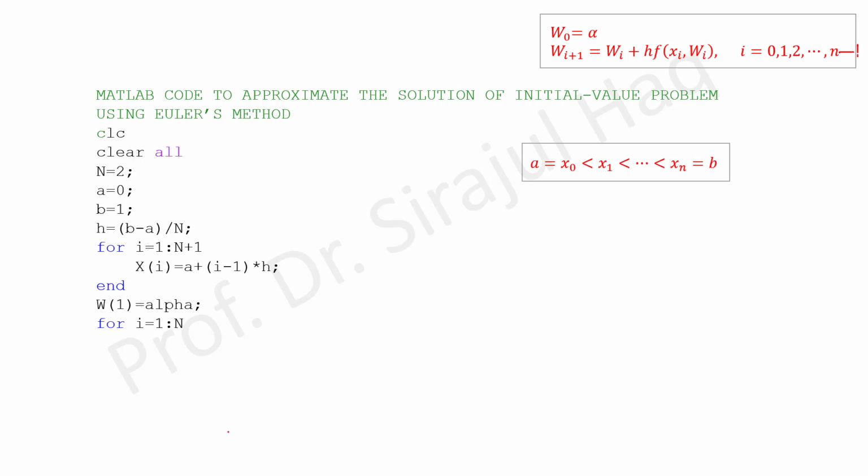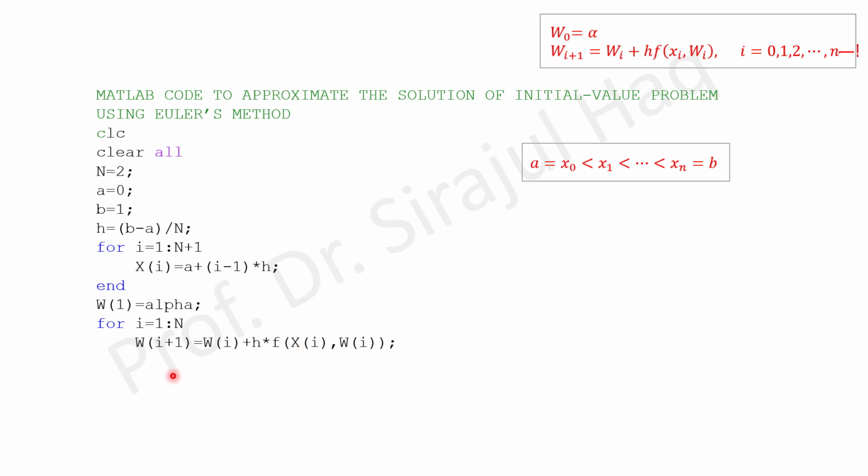There is minus 1. So it's starting from 0 and reaches up to n minus 1. Why? When I substitute i is equal to n minus 1, I will get wn, and wn is the solution at this point. Why am I writing n here? Because I have started from 1 instead of 0.